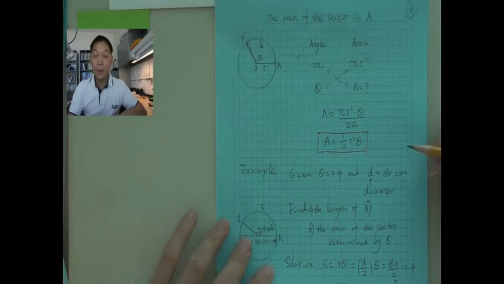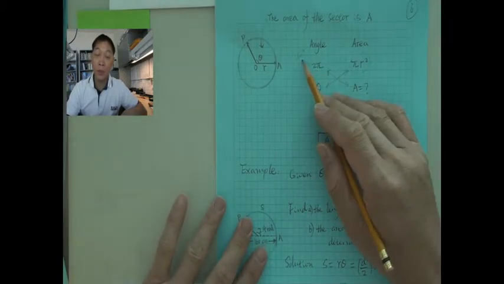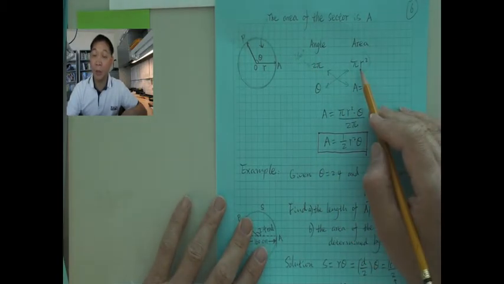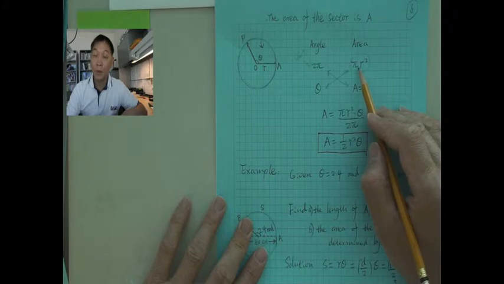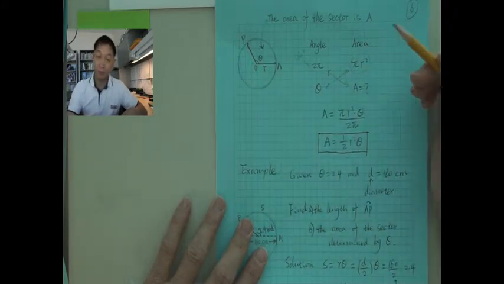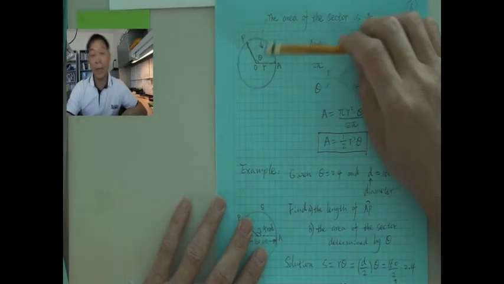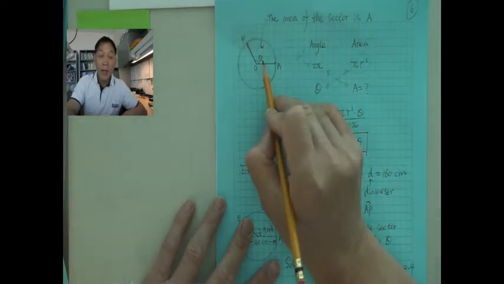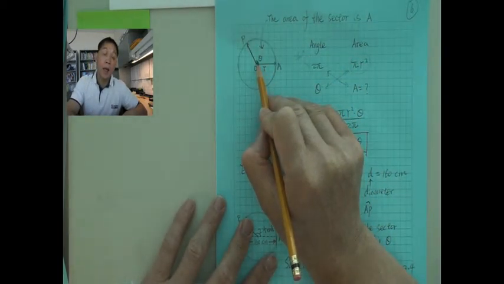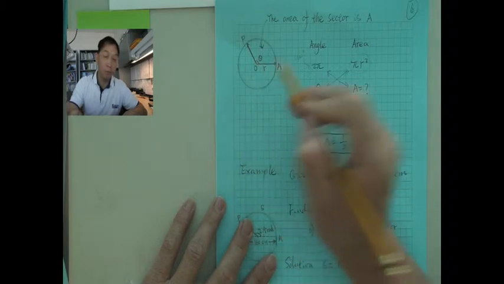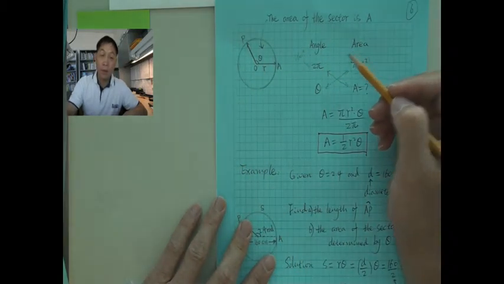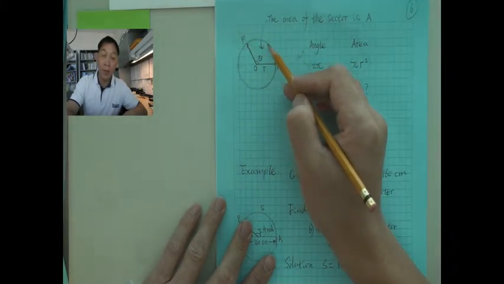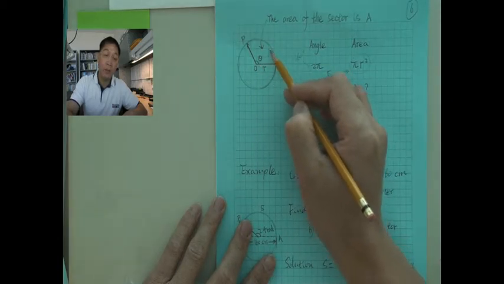Okay? So basically, 360 degrees corresponds to this area, the whole disk. And you know theta, this central angle, corresponds to the area of this sector.